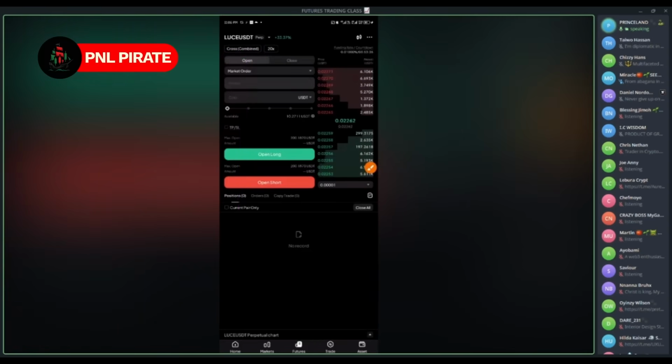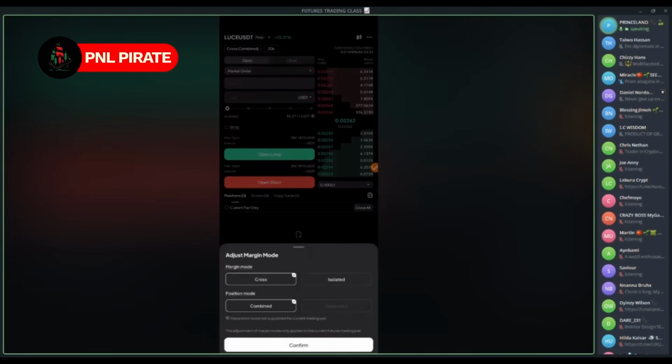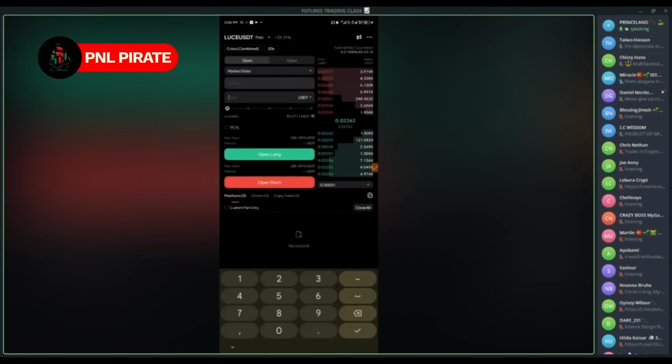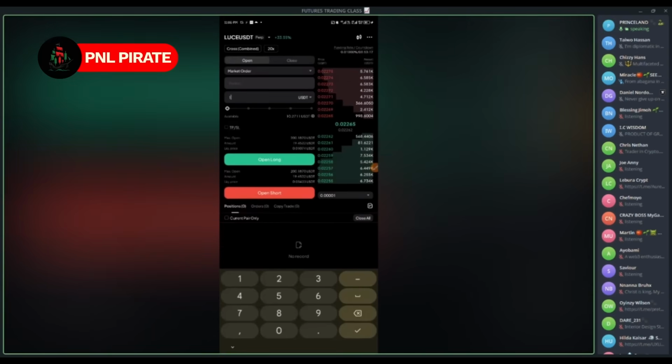When you click that place, you will see cross, combine, and then isolated. These are the 2 major ones I want you to be interested in. Cross simply means that, for example, when you are opening a trade for this token, you put $1 or $2. So I can decide to open a $2 position on cross margin.